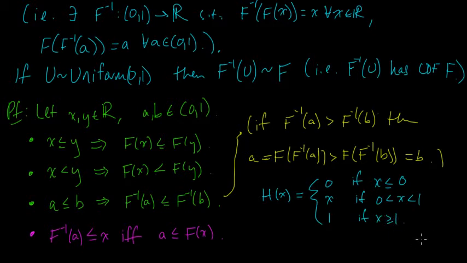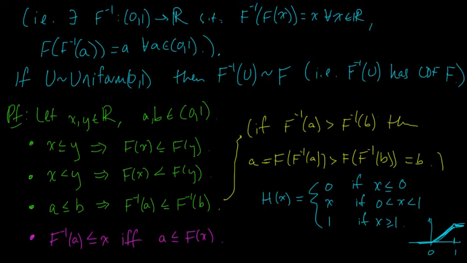It doesn't really matter at 0 and 1. So it's going like this: 0, and then it's just the identity on the interval from 0 to 1. Okay, and now we're ready to prove the result.